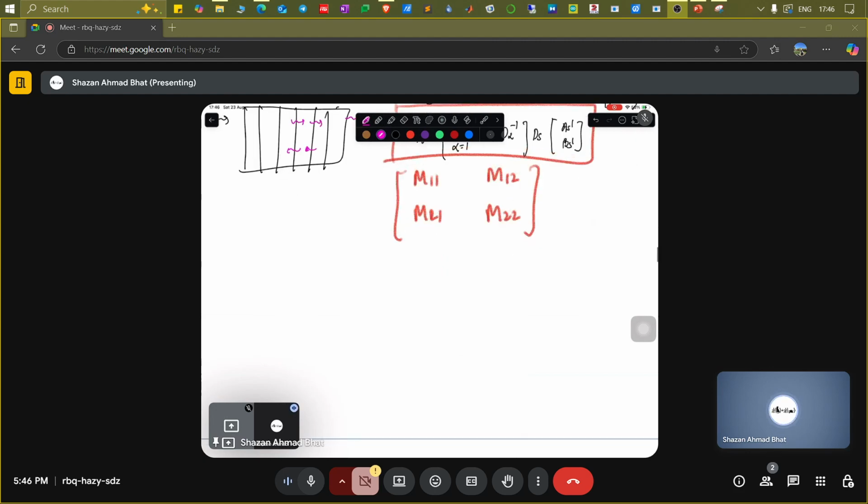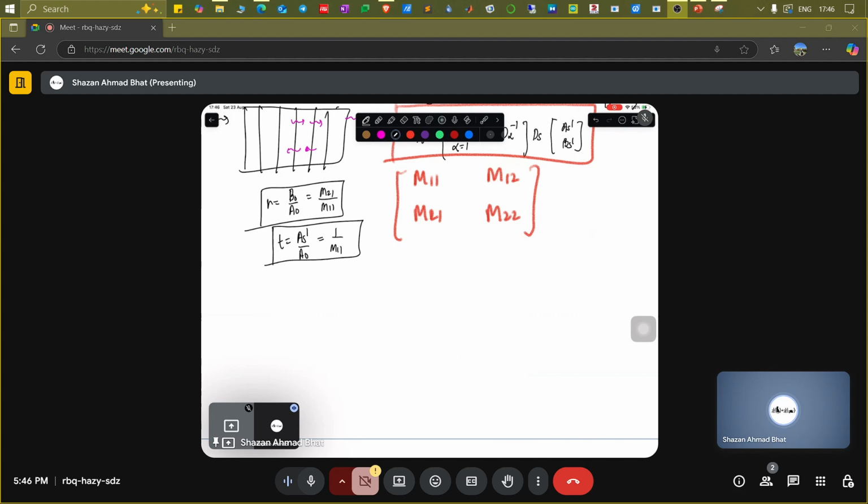So now let's say you have to compute the reflection coefficient. The reflection coefficient B0 by A0 can be written as M21 over M11. Similarly, you can write the transmission coefficient As dash over A0 as 1 over M11.